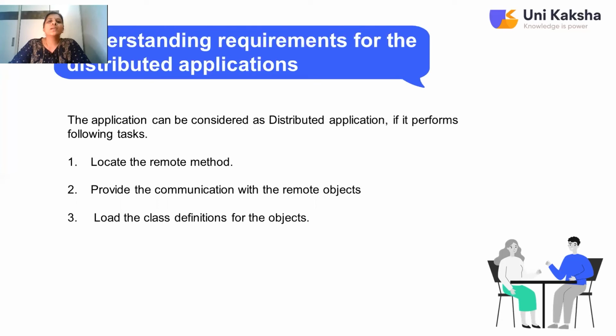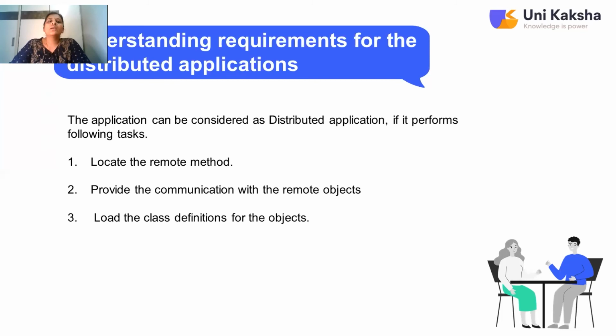Now let's understand the requirements for distributed applications. If you want to develop a distributed application, then the application must perform some kinds of tasks. The very first task is it should locate the remote method. That is, it should be able to communicate with the other JVM which resides on another machine.